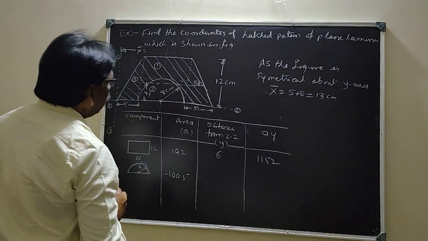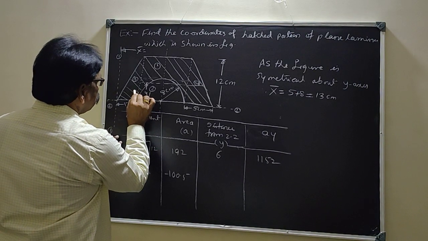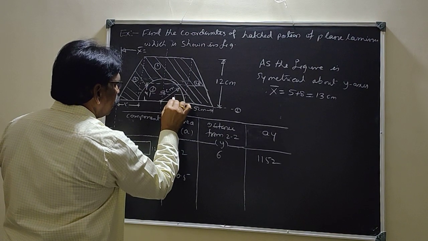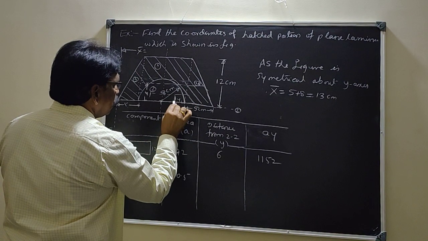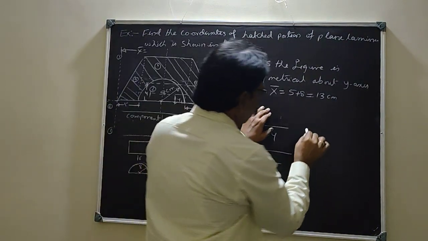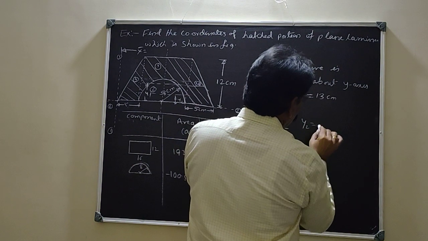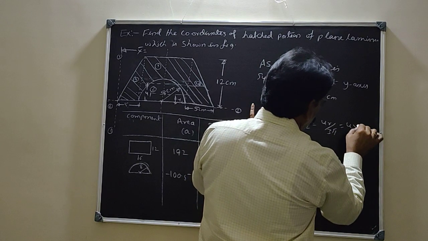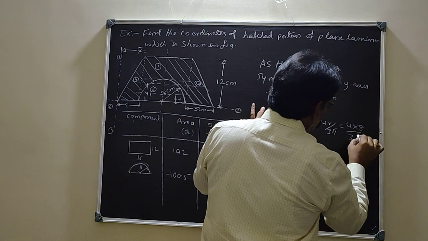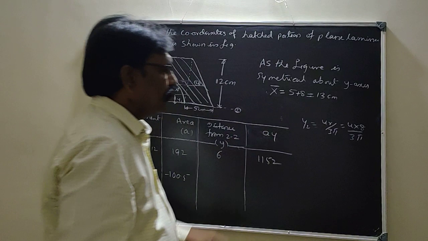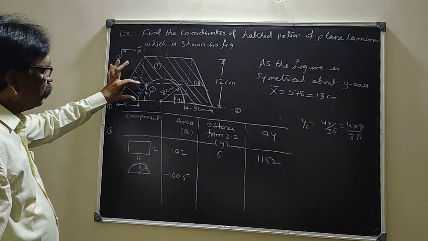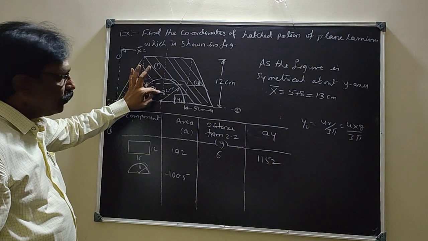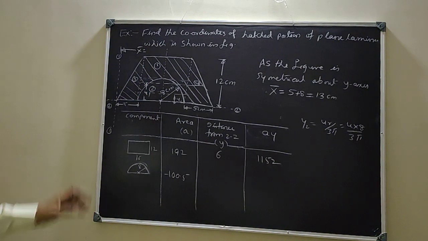And as far as the centroidal distance is concerned, this is your y2, that is equal to 4r by 3 pi, that is 4 into 8 divided by 3 pi. That means the centroidal axis of this one is at a distance above the diameter of 4r by 3 pi, which we have already derived.